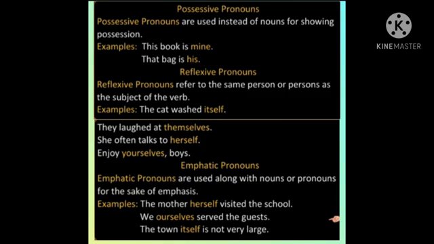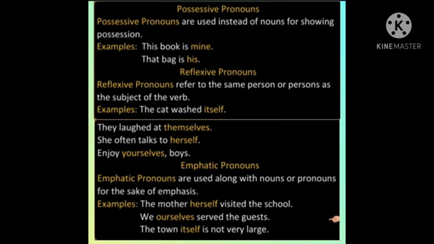Then we have the reflexive pronouns. Reflexive pronouns are very simple. If you are seeing the word self, like itself, herself, themself, yourself, yourselves, at the end of any sentence, then simply you can say that is a reflexive pronoun. Reflexive pronouns refer to the same person or persons as the subject of the verb.